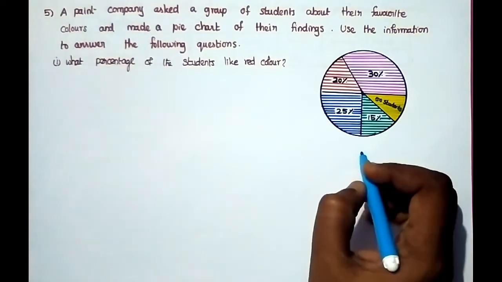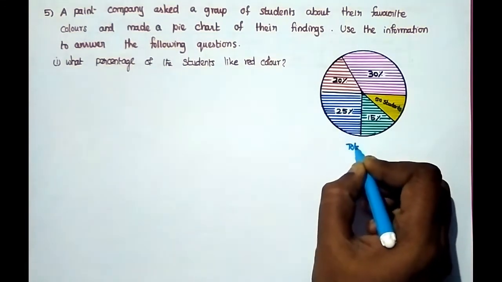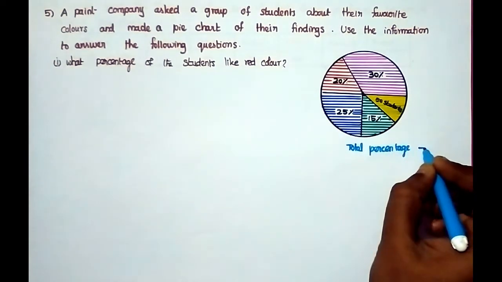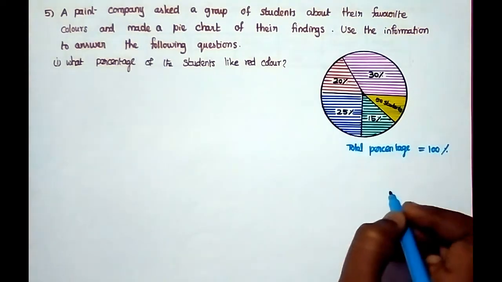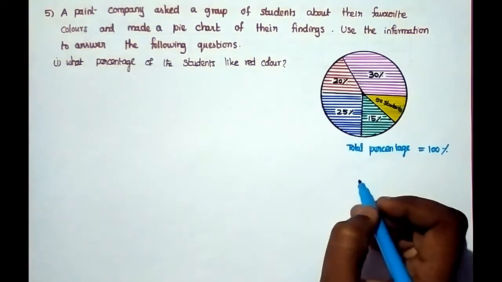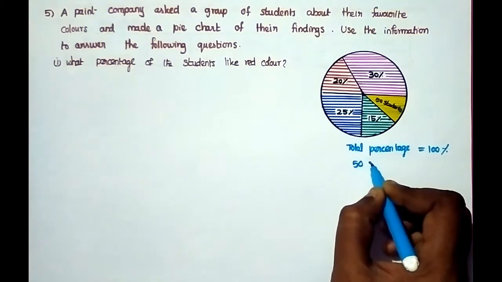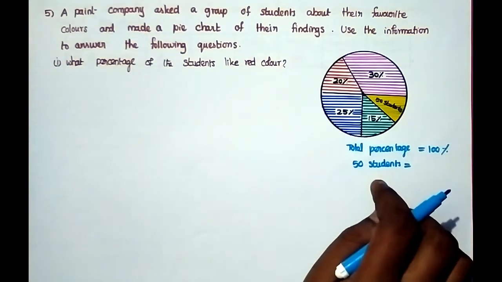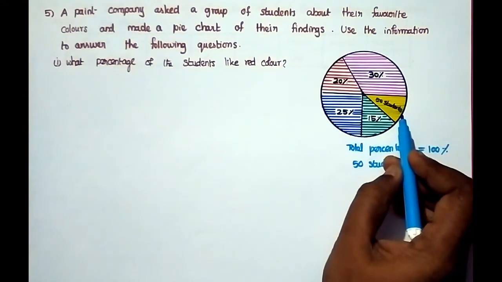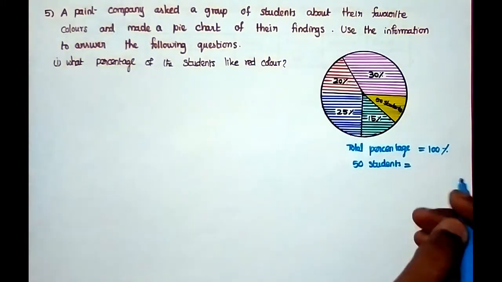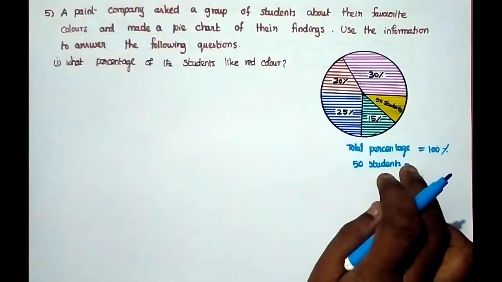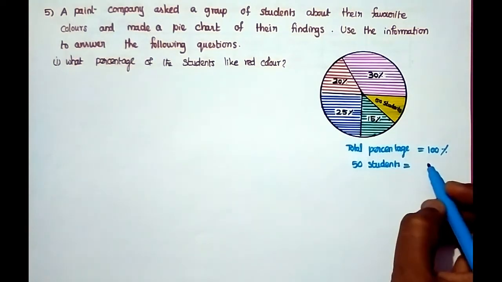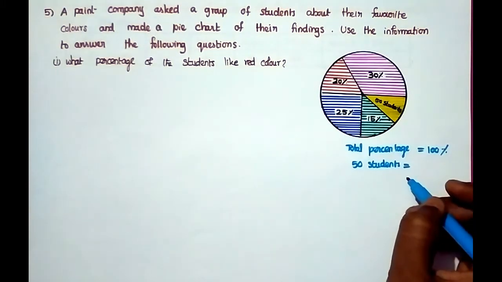Listen, total percentage is equal to 100. 100 percentage is the total percentage, right? 50 students like yellow color, so that means we find out what percentage of students like yellow color, and from that we find the number of students.